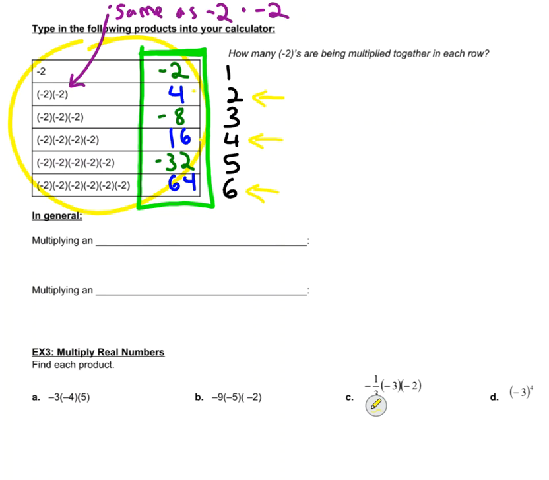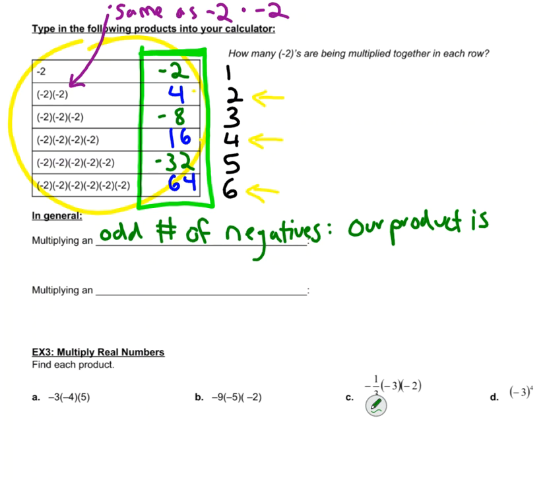So, let's generalize this. Multiplying an odd number of negatives, then our product is negative.